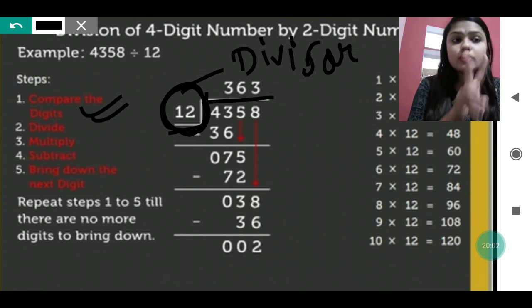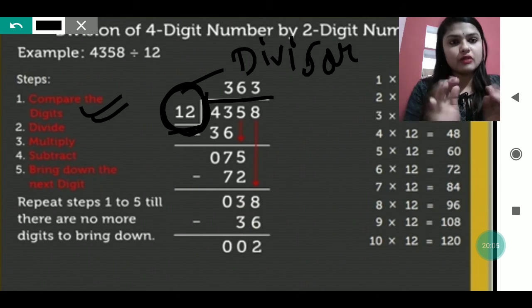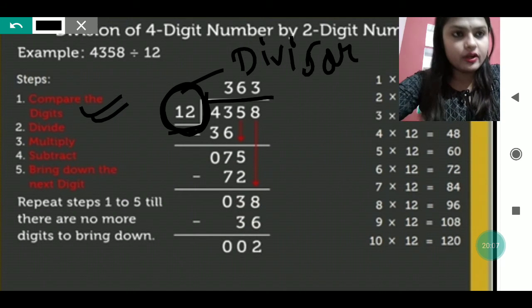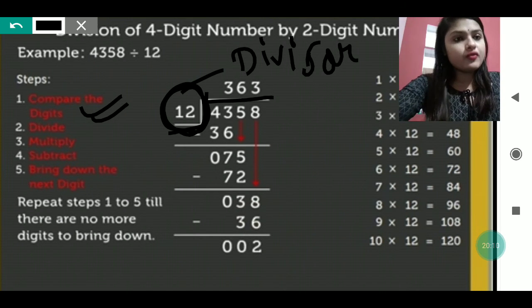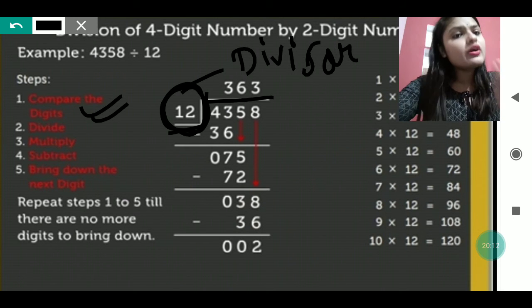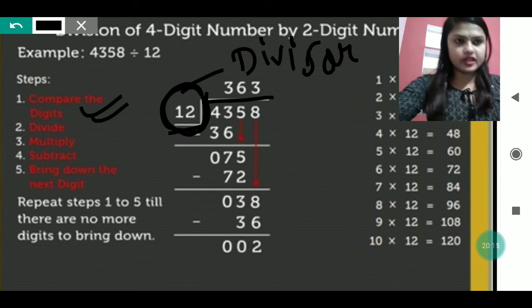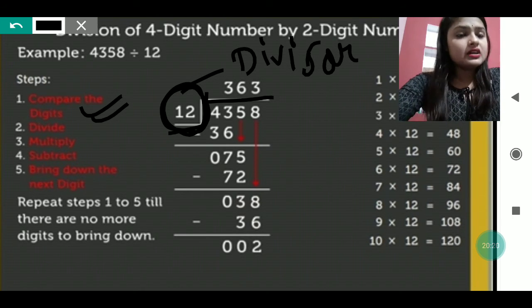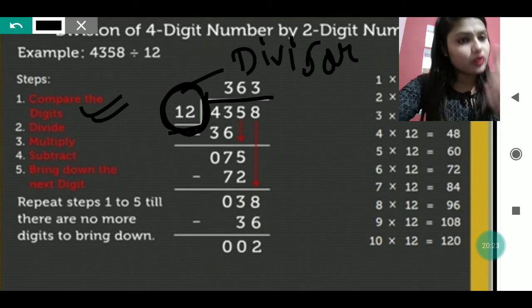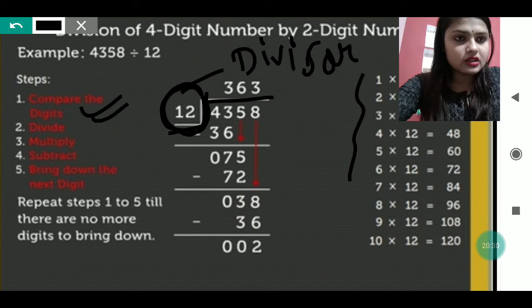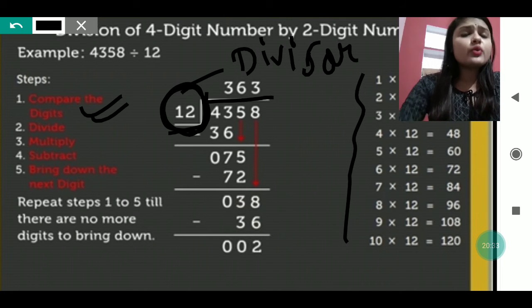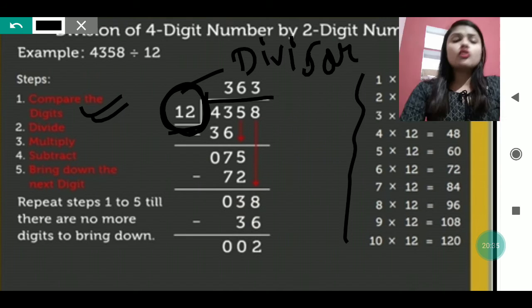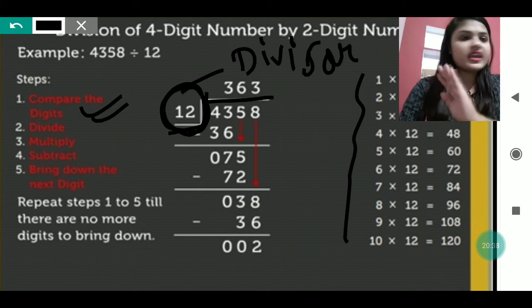That 12 is a 2-digit number, so first we will take a 2-digit number only: 43 divided by 12. We will read the table of 12 until we get 43 or less than 43. 12 ones are 12, 12 twos are 24, 12 threes are 36, and 12 fours are 48. 48 is greater than 43, so we cannot take that.